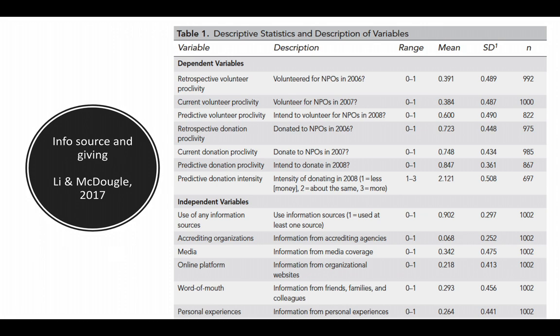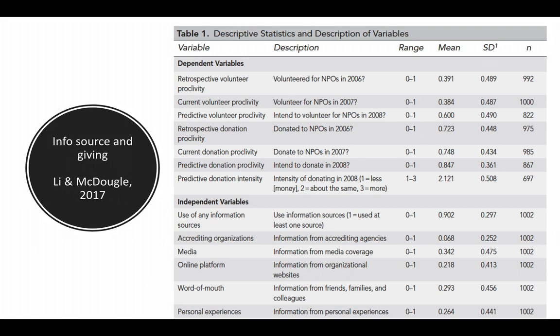The third one is whether or not you get information from online platforms, right? Information from organizational websites, social media, things like that. And then the fourth information source channel is word of mouth, so information from your friends, family, and colleagues, things like that.